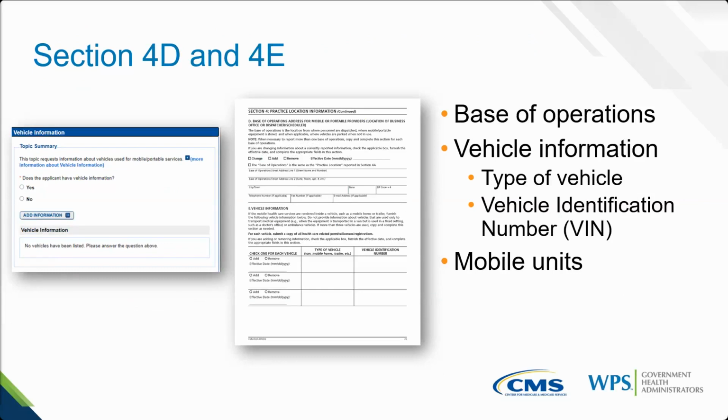For D and E, or for mobile units, we don't see this a lot on 855A applications. This is much more typical on 855B applications, and it's typically ambulance services. But this is if you have any type of mobile unit as part of this enrollment, as part of this provider type, we need to have base of operations and vehicle information for all of the mobile units that'll be leveraged.